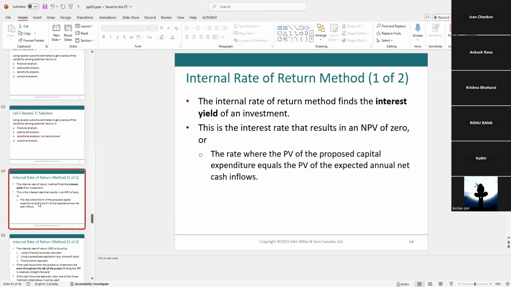Let's go with the internal rate of return model. The internal rate of return method finds the interest yield on the investment. This is the interest rate that will result in a net present value of zero, where the net present value of the proposed capital expenditure equals the net present value of the expected annual net cash flows, the one that I showed you earlier in the net present value calculation.